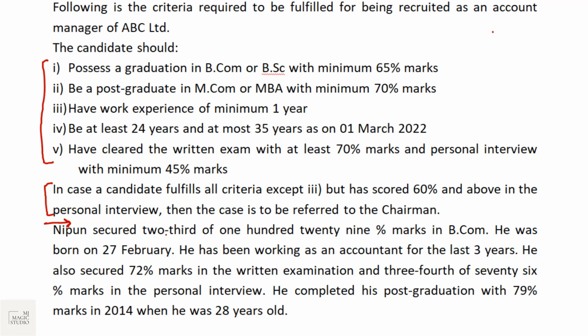Nipun scored 2/3 of 129. 2/3 of 129 is 86%. 86% marks in BCom. Criteria 1 fulfilled. Be a postgraduate in MCom or MBA with minimum 70% marks. He completed his post-graduation with 79% marks. 70% marks done.